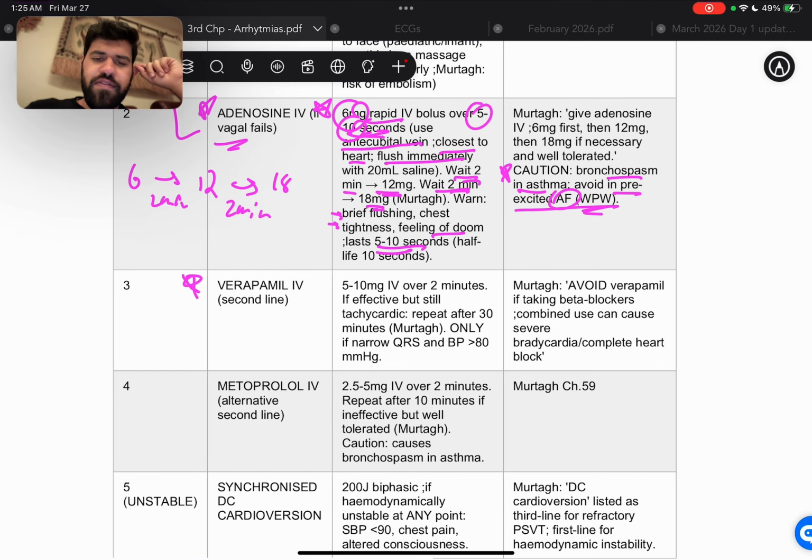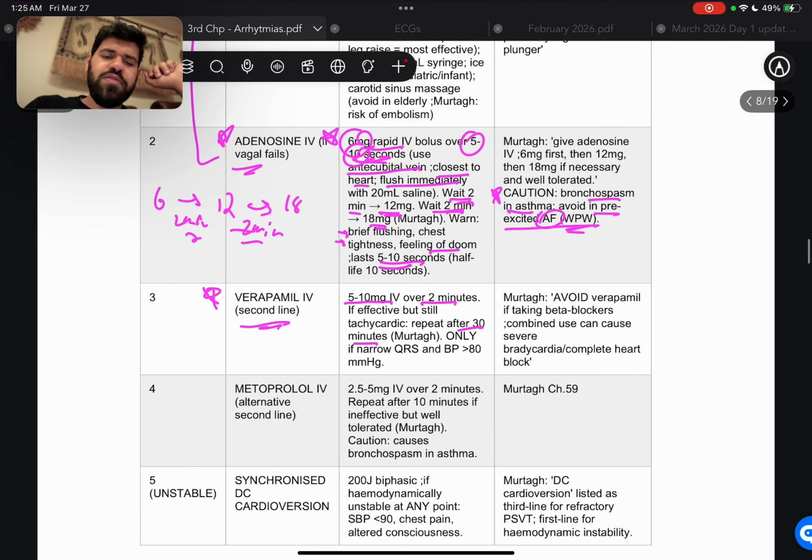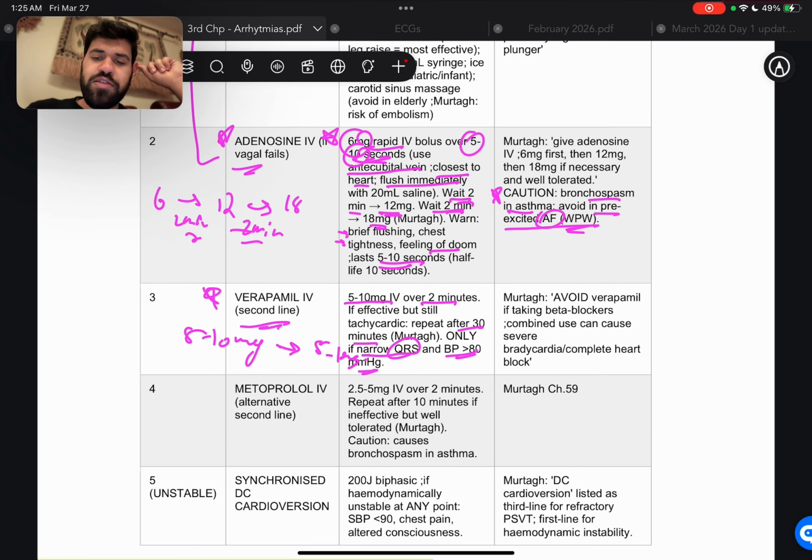Then verapamil IV is second line, 5 to 10 mg IV over 2 minutes, and if effective but still tachycardic, repeat after 30 minutes. So we do 5 to 10 mg over 2 minutes, but after 30 minutes, if still tachycardic, we give 5 to 10 mg again, if the QRS is narrow and blood pressure is more than 80 mmHg.